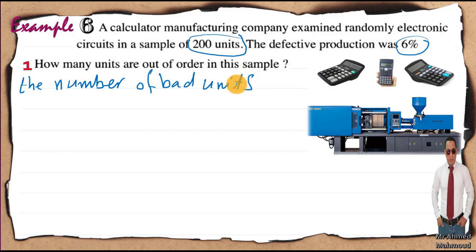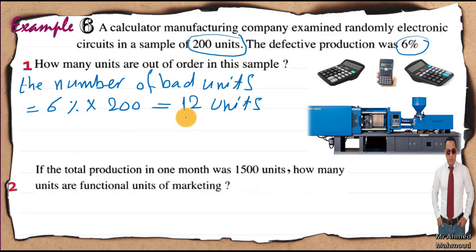but here I'm counting the bad units from this sample, equal 6% times 200. Of course, 6%, 6 over 100 times 200 equal 12 units. So inside the 200 units, I have 12 are defective or 12 are bad.